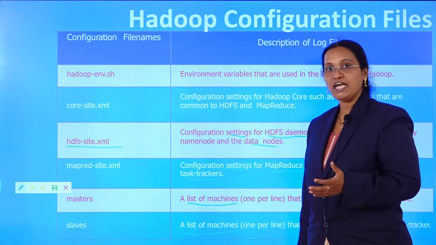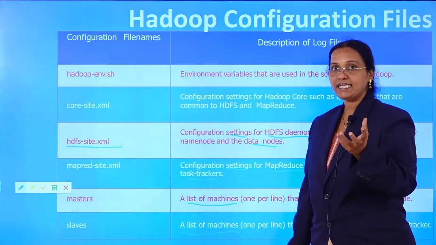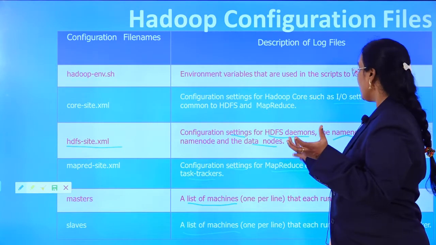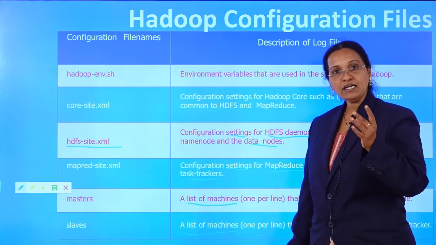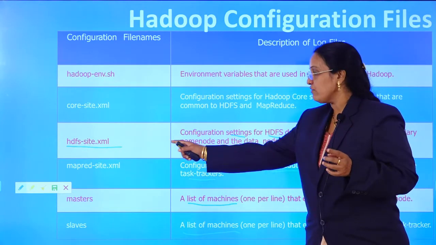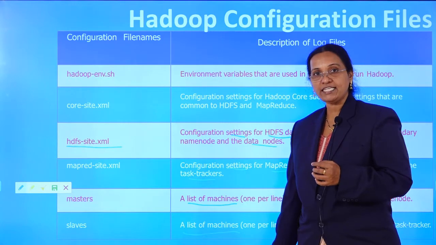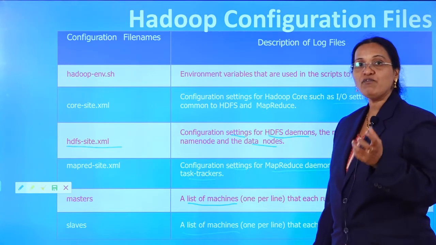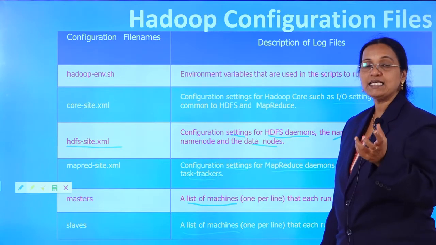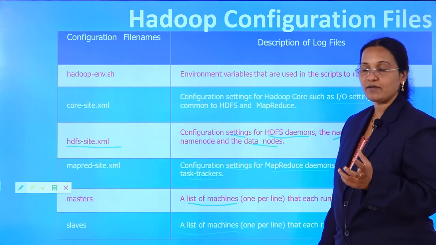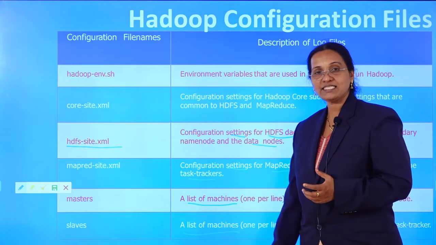The hdfs-site.xml file has settings for HDFS daemons such as name node, data node and secondary name node. The mapred-site.xml file consists of settings for MapReduce daemons such as job tracker and task tracker. And last, master and slave.